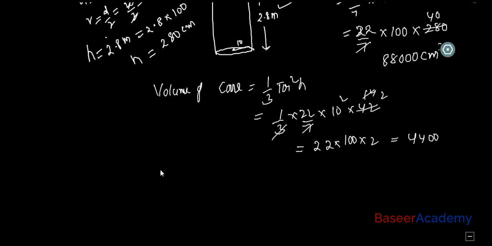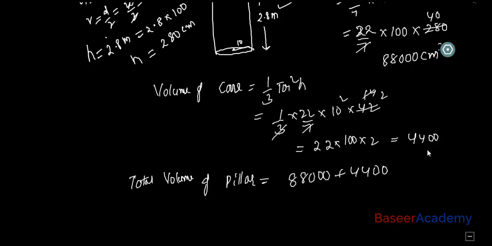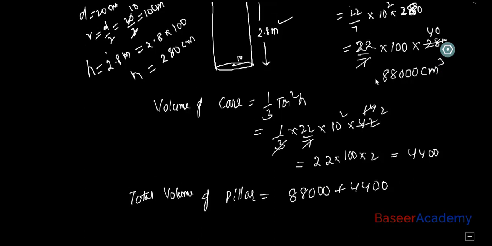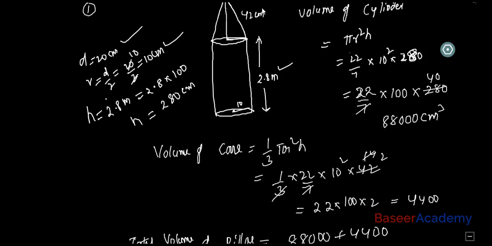So what is the total volume of the pillar? It would be 88,000 plus 4,400. In this pillar, you have two parts: one is a cylinder, and the second is a cone that is mounted on the cylinder.